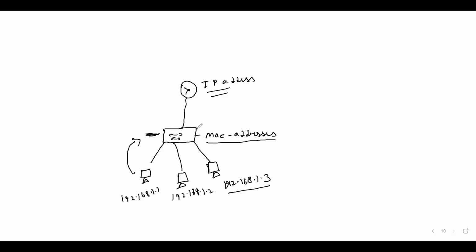But how does my switch or my router know which IP has that MAC address? Suppose this PC1 has this MAC address AB, AC or AD. So how are they performing the task? Can anyone describe it to me? Because it is a very main question and no one asked me.